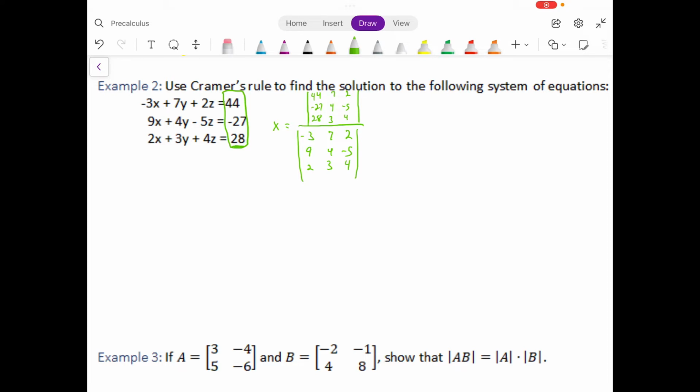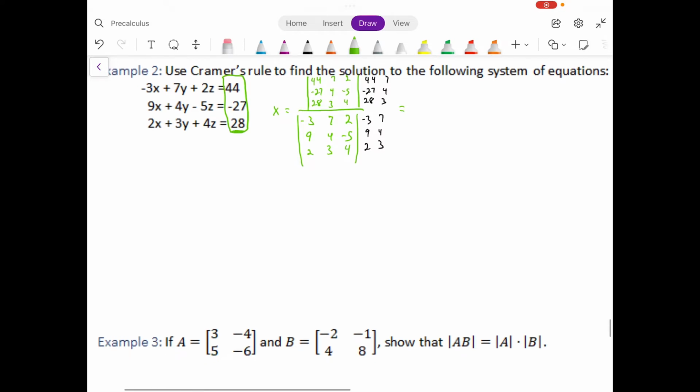All right, so let's go ahead and find those determinants. So we have to rewrite our first two rows. And we're going to go ahead and find what these are equal to. Go ahead and bring up a calculator if you want.